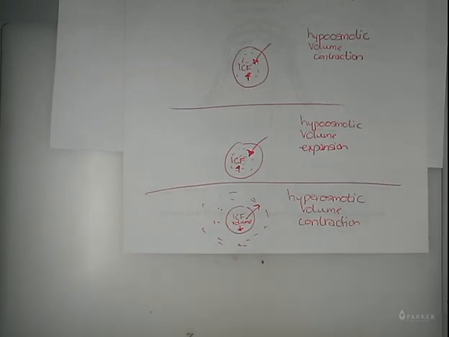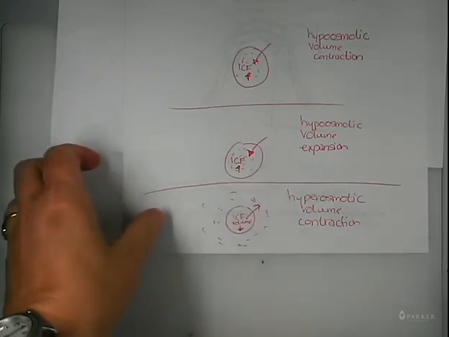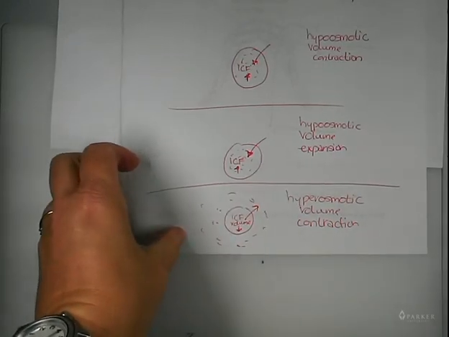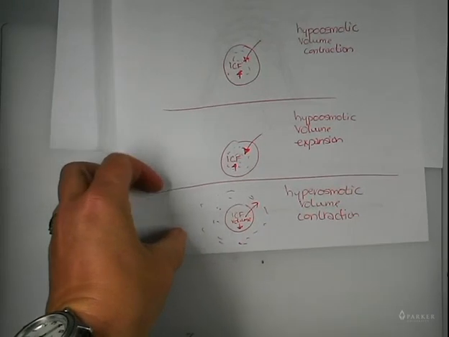You said ECF increases. That's what's wrong with that. No, ECF decreases because you've lost fluids because you're sweating in the desert. It's contraction. You have a little bit of fluid leaving the cells, but not enough to make up for all the loss that you were sweating out. So it's volume contraction. ICF decreases.